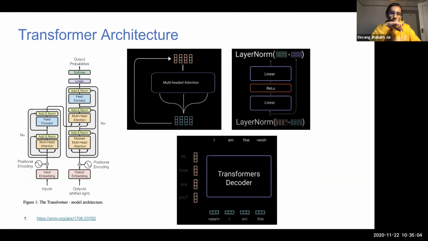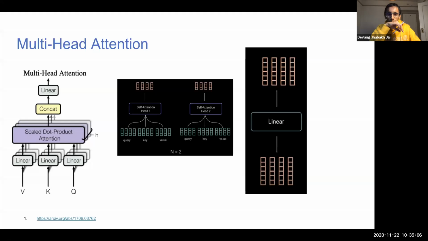Wait, I'm confused. Why do we have multiple attention heads? I don't get it, because we're trying to find the attention for the same words in the sentence, right? So why are we having different heads for that? Yeah, for one word, you might want to look at different parts of the sentence.